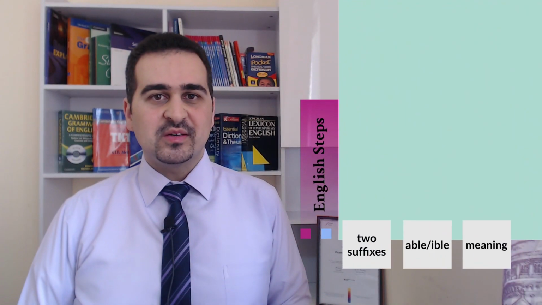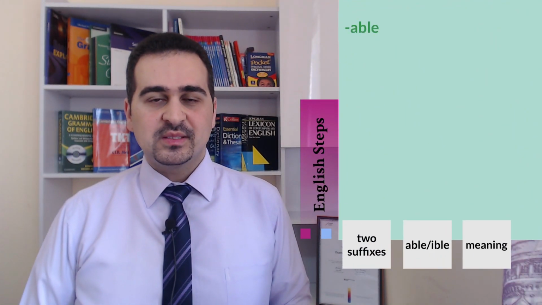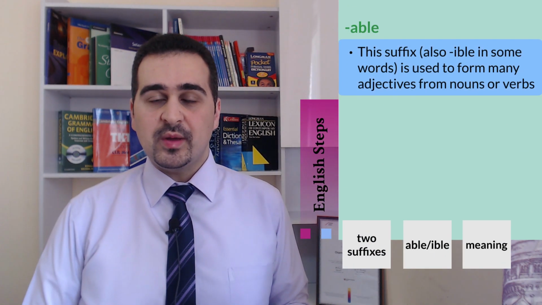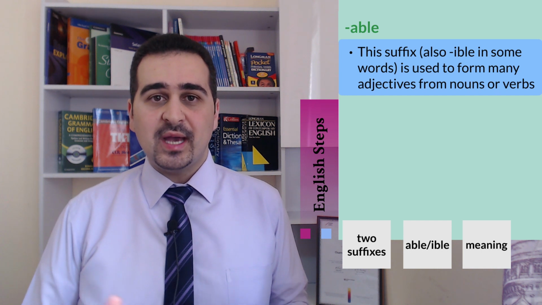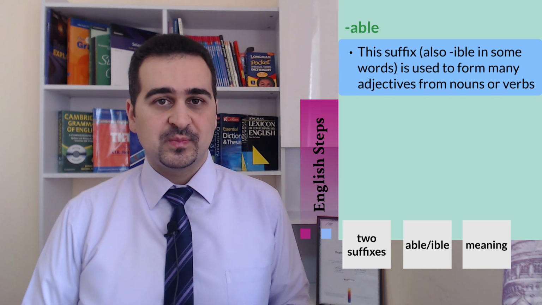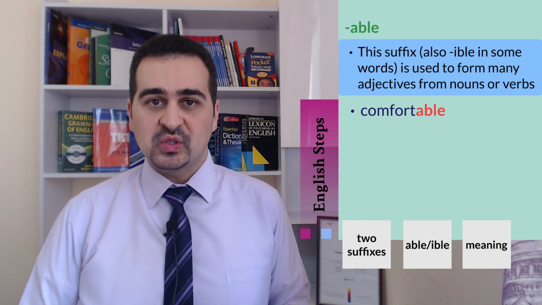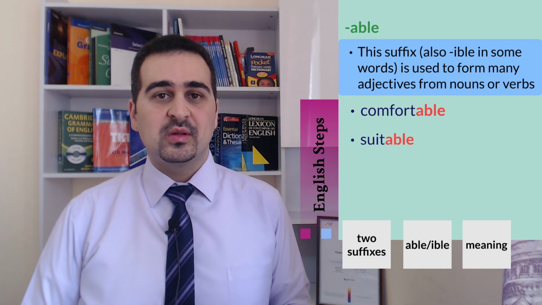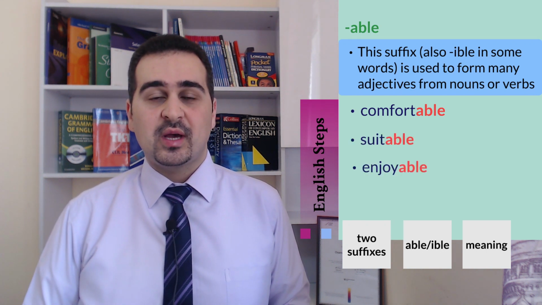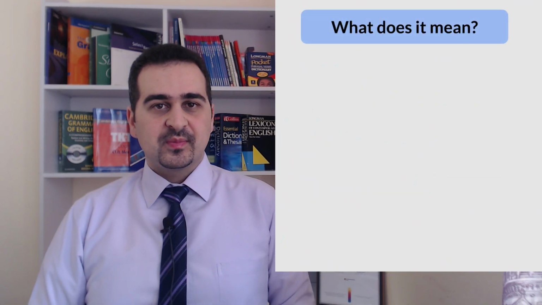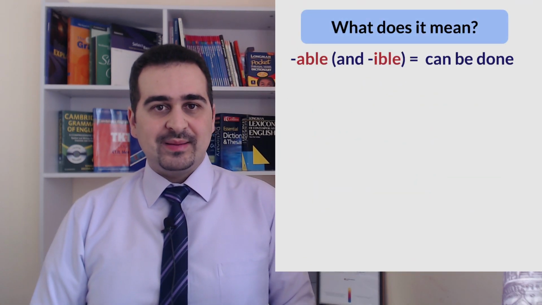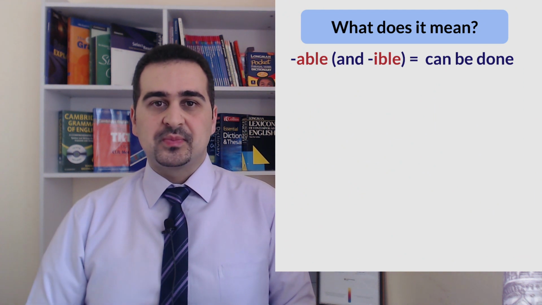Now let's talk about the suffix able. The suffix able, also ible, is used to form many adjectives from nouns or verbs. For example, comfortable, suitable, enjoyable, and knowledgeable. But what does it mean? The suffix able and ible means can be done.